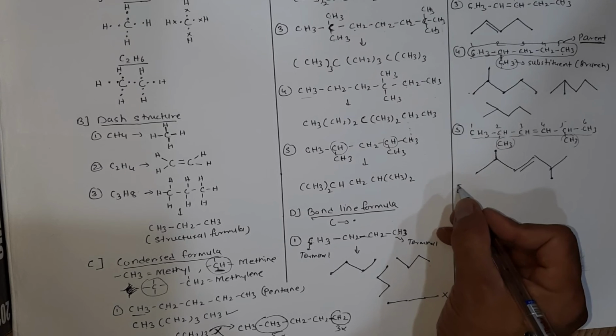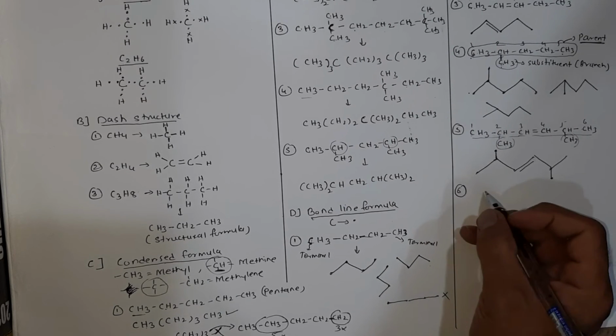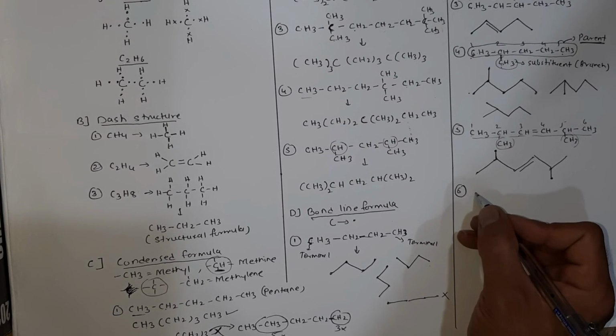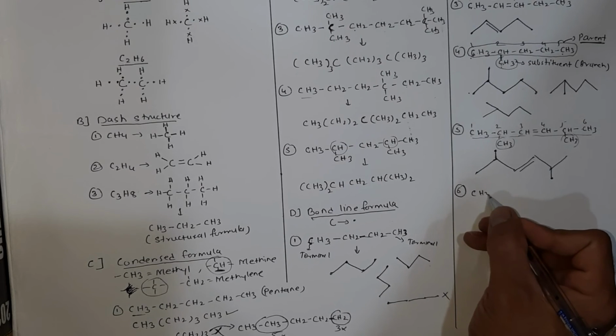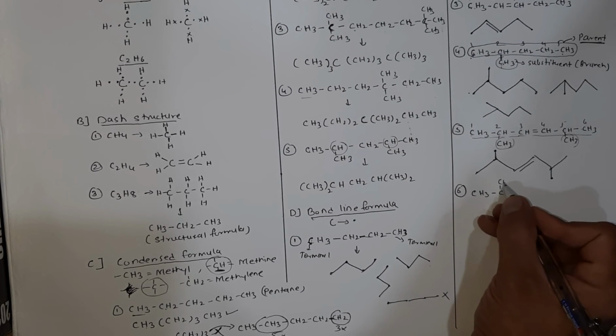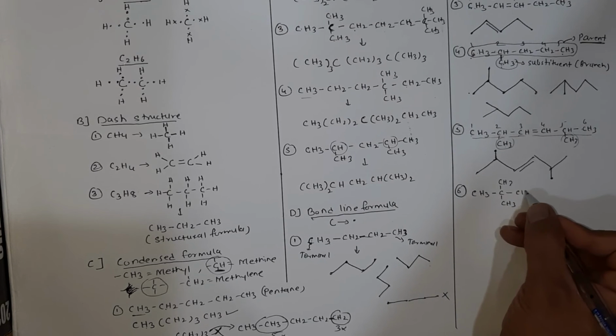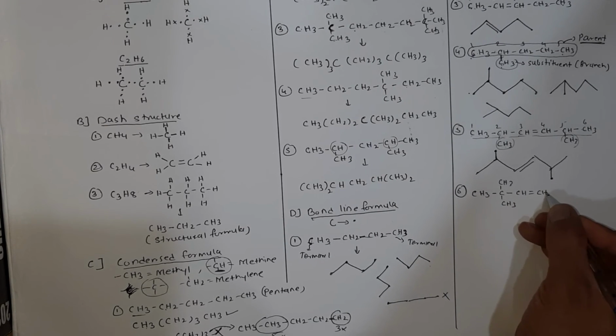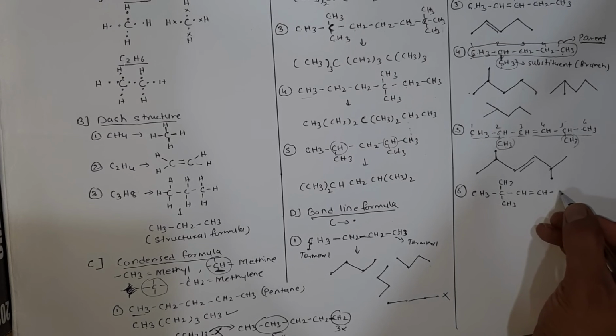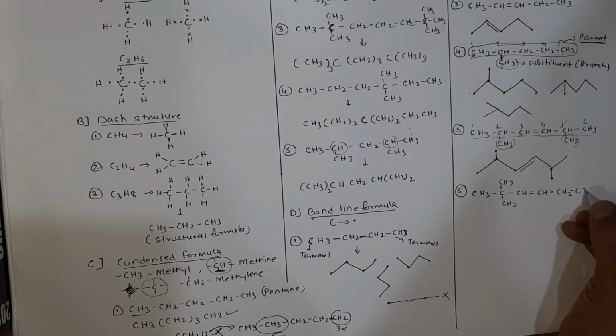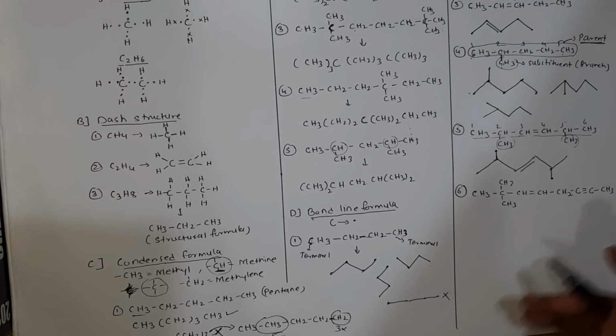Molecule number 6. Now let's increase the branches in it. CH3, C, CH3, CH3, CH, double bond CH, single bond CH, C, triple bond C. And again a CH3.